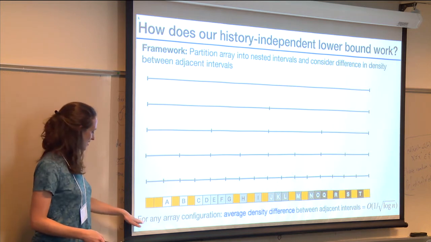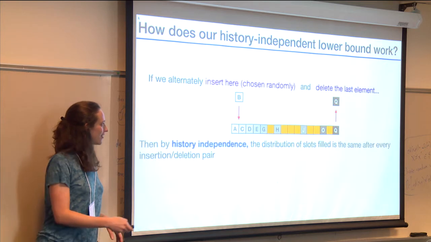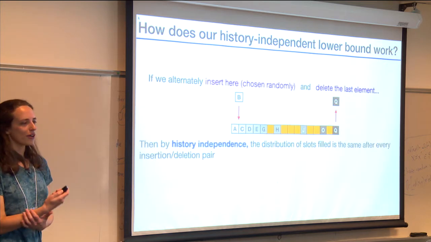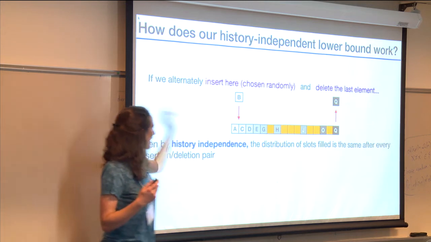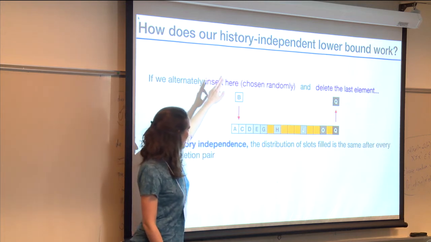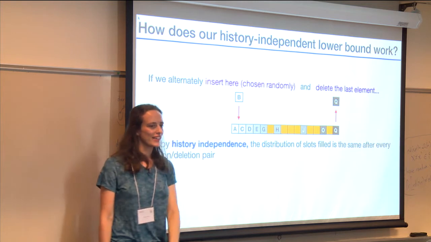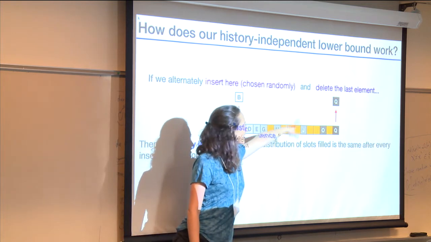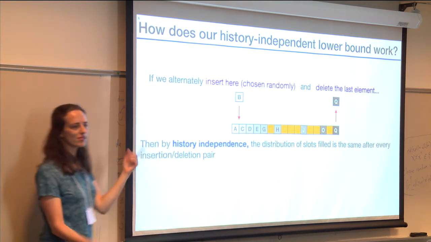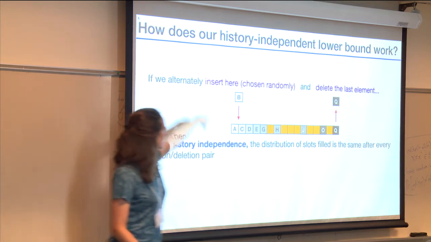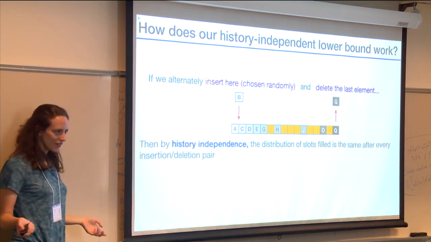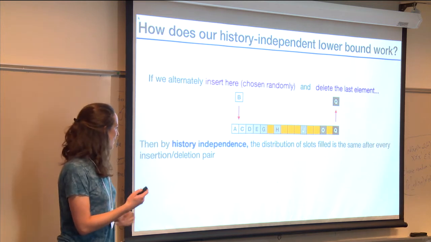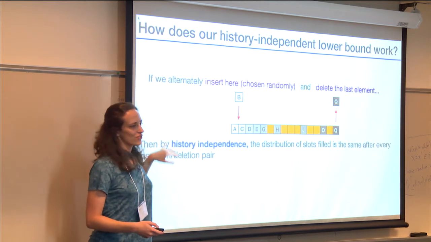Okay, so if you take this as a fact, then roughly speaking, the lower bound works as follows. Let's pick a random spot in the array and insert here. And then let's delete the last element, and let's do those alternately: insert, delete, etc. The point of doing this is so that we can use the property of history independence.